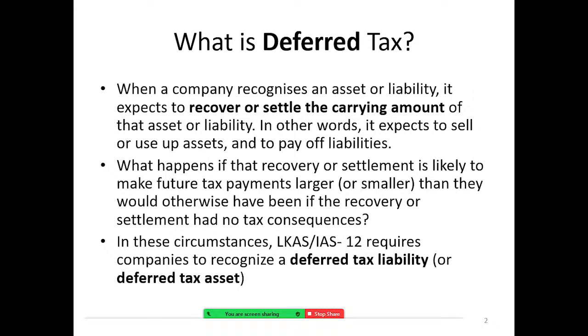When we calculate the profit according to the rules and regulations of tax authorities, we call it taxable profit. If there were no differences between accounting rules and tax authorities' rules, we wouldn't need to study deferred tax. But there are a lot of differences when calculating accounting profit and taxable profit, so there will be differences in income tax payments.